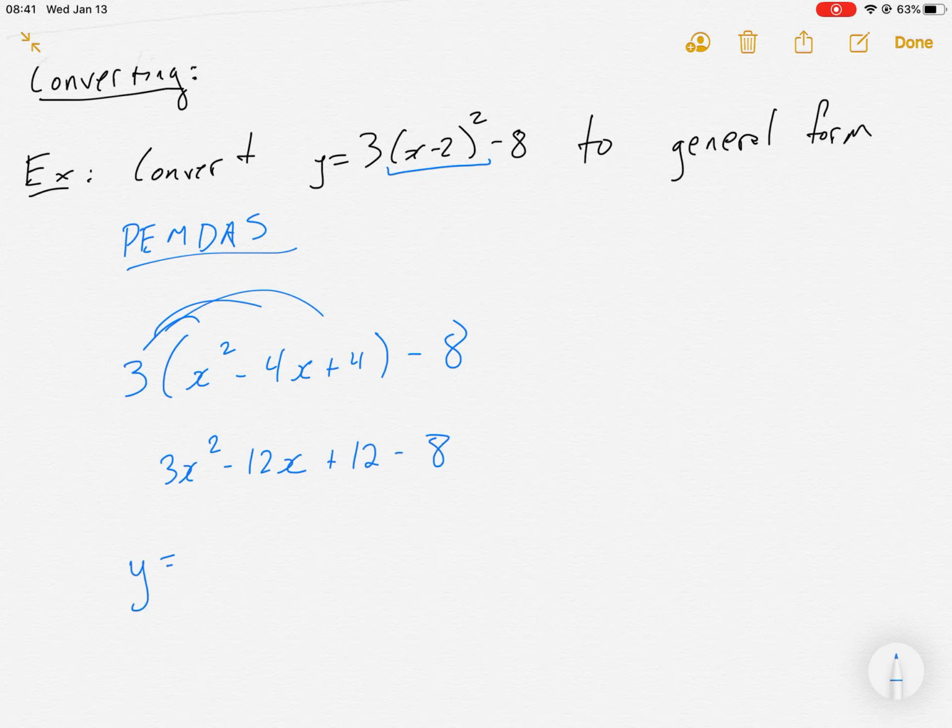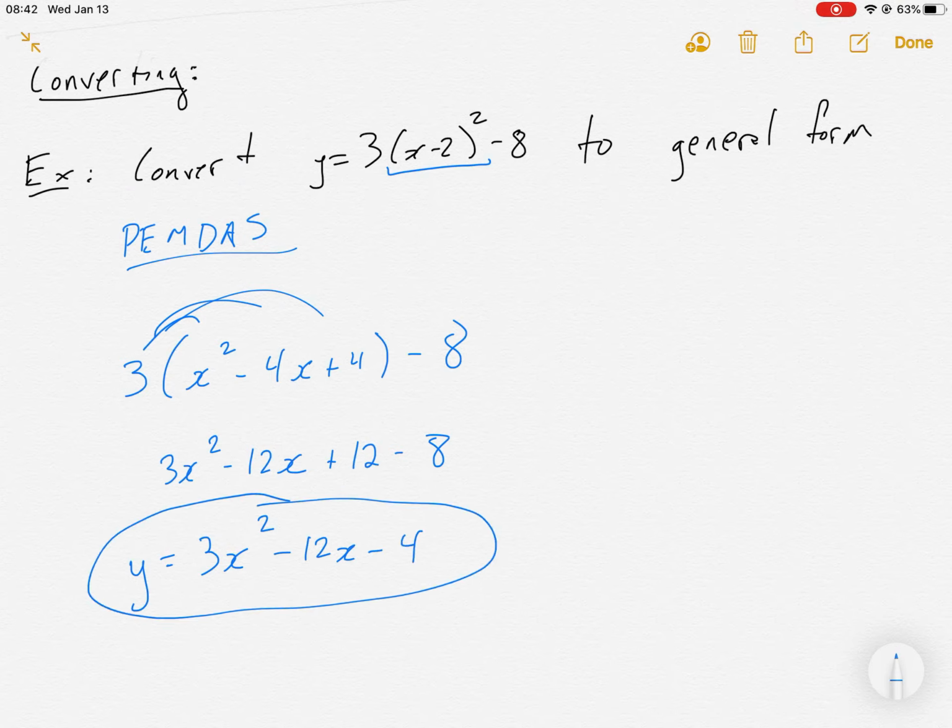And then finally, my final equation looks like this, 3x squared minus 12x minus 4. So if you were to convert, like I mentioned before, this is how you could do it. It doesn't take too much work to do as long as you're careful with your PEMDASing.